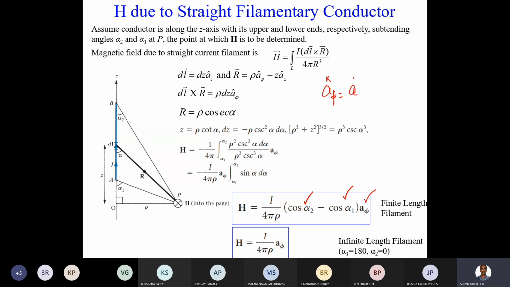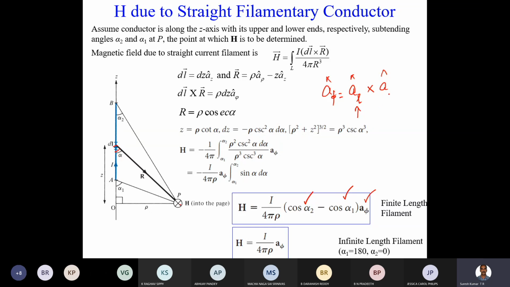The resulting direction of the magnetic field is a cross product of the direction of the current, a subscript L, which is the first vector representing the direction of current flow, and the second vector, which connects the source and observer.